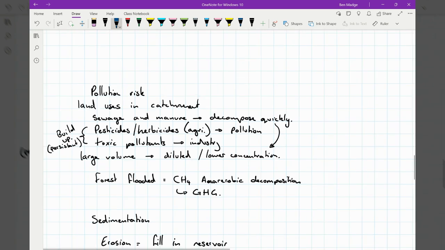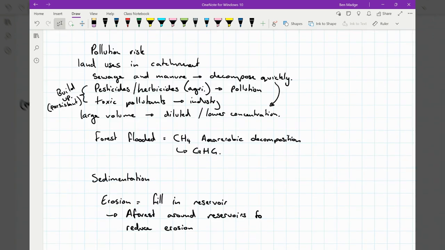Now, pollution risk is really quite a serious thing to consider, and this is based upon the land use within the catchment. Sewage and manure from human habitation or agriculture typically decomposes quite quickly in a reservoir, and there is a large volume of water in the reservoir, so it dilutes it away a bit as well.